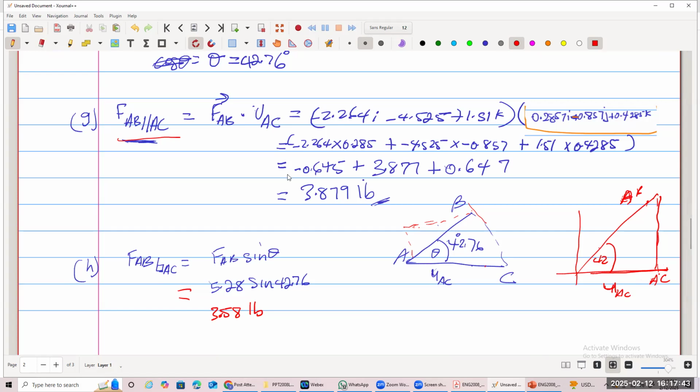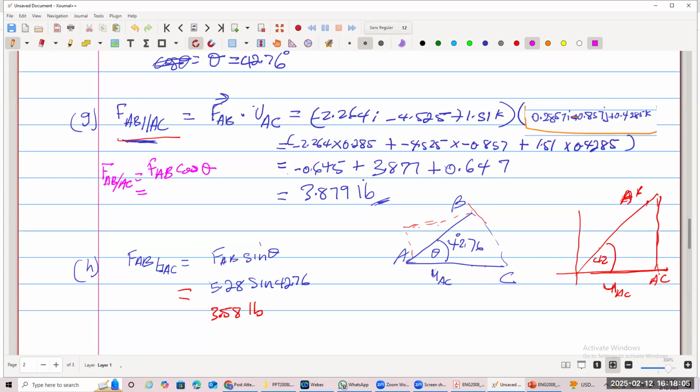Let's write another formula for the parallel, and you need to know this. F AB parallel to AC is also equal to F AB cos of the angle between them. So it's this angle here. That angle should give you the same thing. Check that for me.